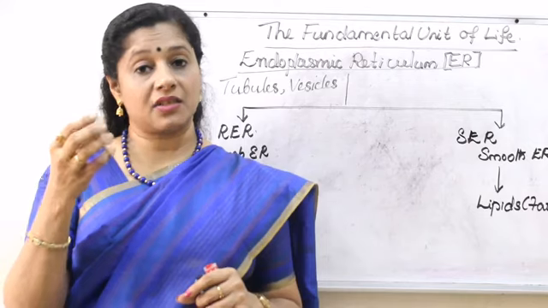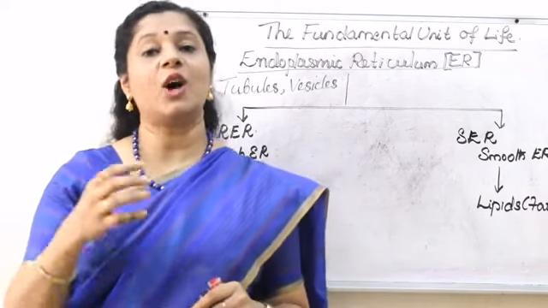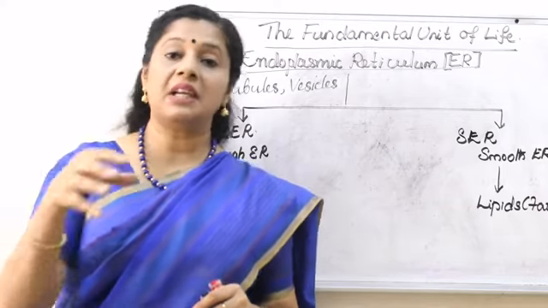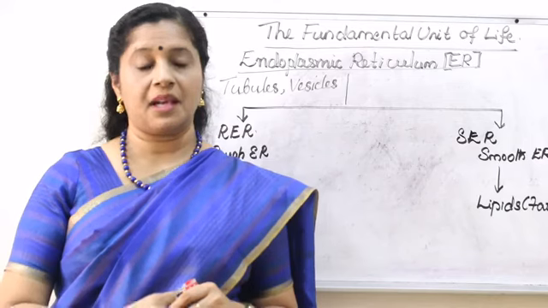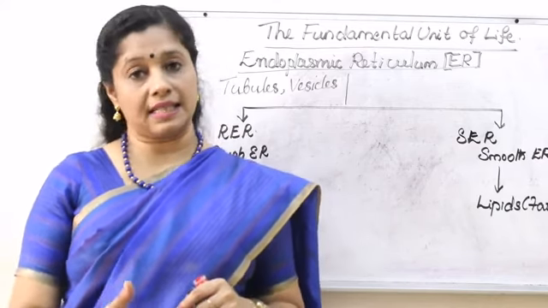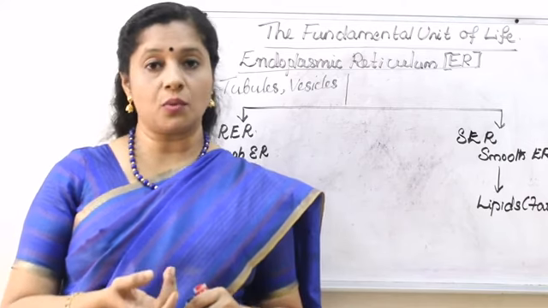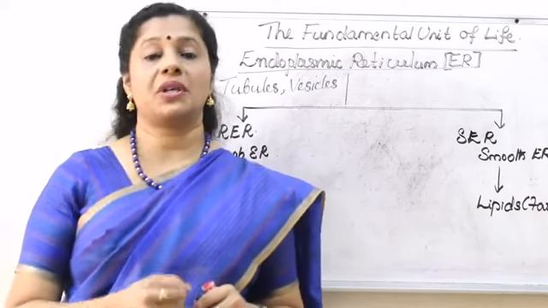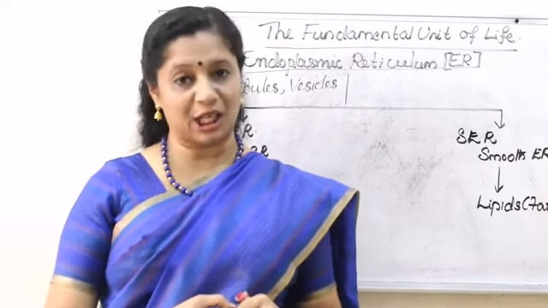Many of these structures are microscopic. They are collectively called cell organelles. They perform various functions in order to keep the cell living. We are going to study certain cell organelles like endoplasmic reticulum, Golgi bodies, lysosome, vacuoles, mitochondria and plastids. Let us begin with endoplasmic reticulum.